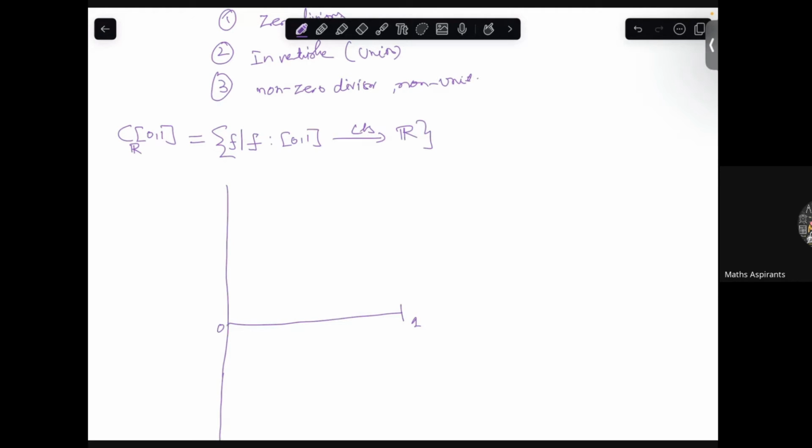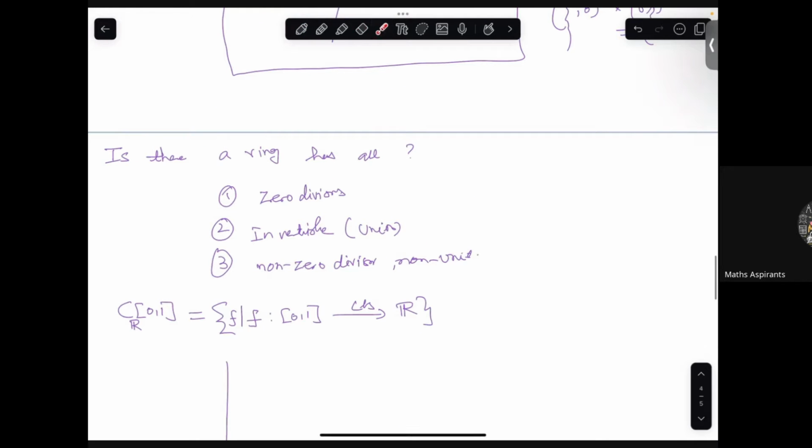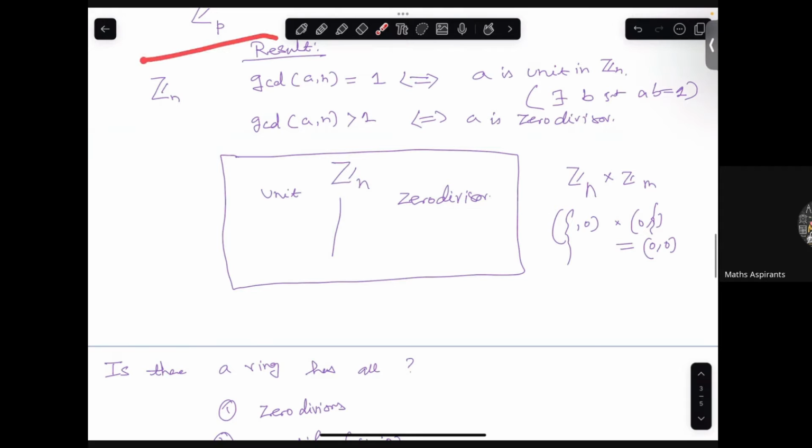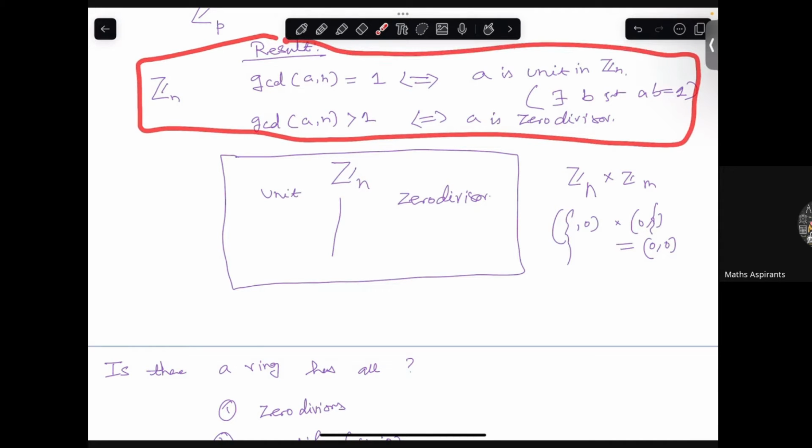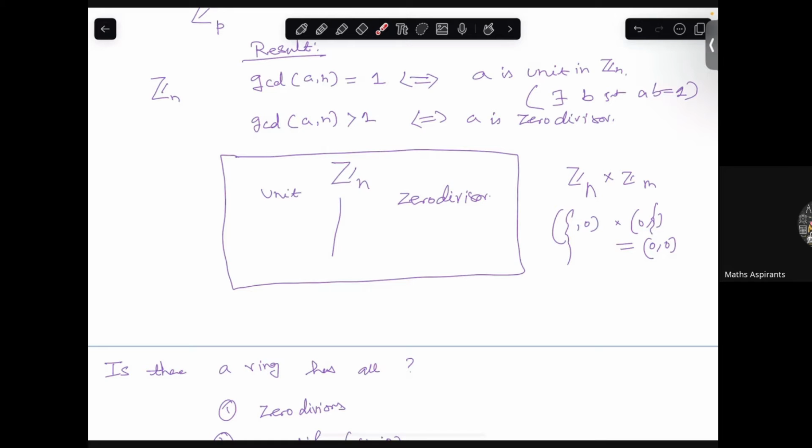The graph can be like this, like this, like this; it can be anything. But let us see, can I get some sort of function like this? This says that precisely by looking at n and a, with n fixed, the GCD is 1 or not. If it is 1, it is a unit. If it is not, it's not.